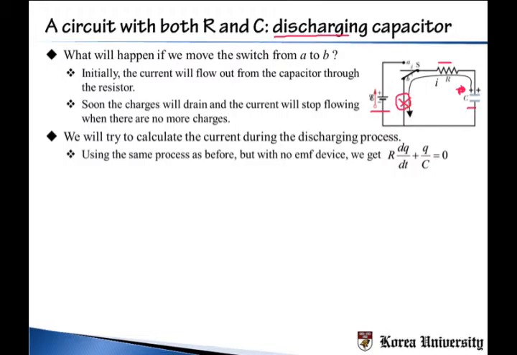So in the previous slide, we had the V_EMF on the right-hand side, but here we have nothing. So it's simply 0. Instead of explaining step by step, we have just used the same differential equation from the previous slide, but simply put the right side to be 0. This is the case which applies to the current situation.